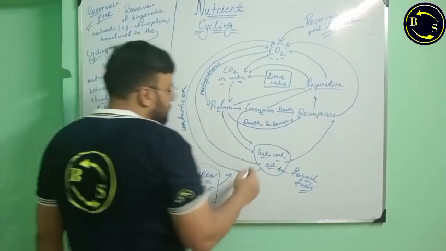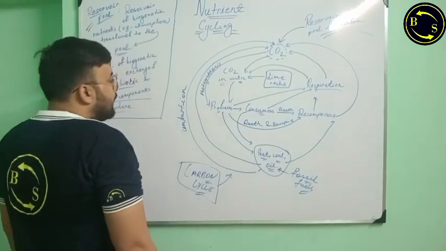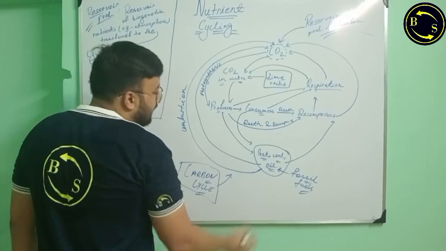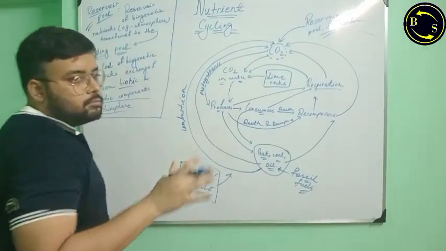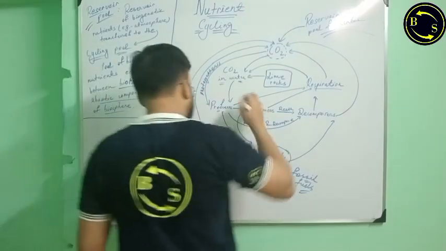And such peat, coal and oil are sometimes released from the soil in the form of natural gas.